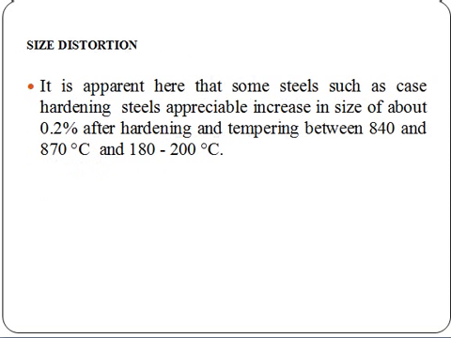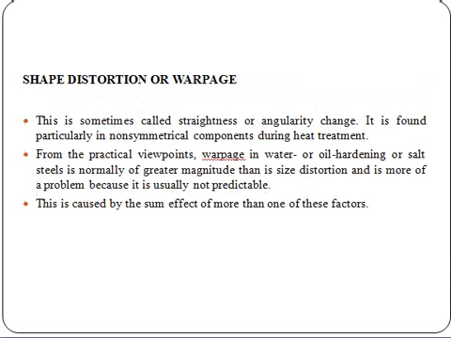Some steels, such as case hardening steels, show an increase in size of about 0.2% after hardening and tempering between 840 and 870 degrees Celsius and 180 to 200 degrees Celsius. Shape distortion or warpage is sometimes called straightness or angularity change. It is found particularly in non-symmetrical components during heat treatment. This is caused by the effect of more than one of these factors.